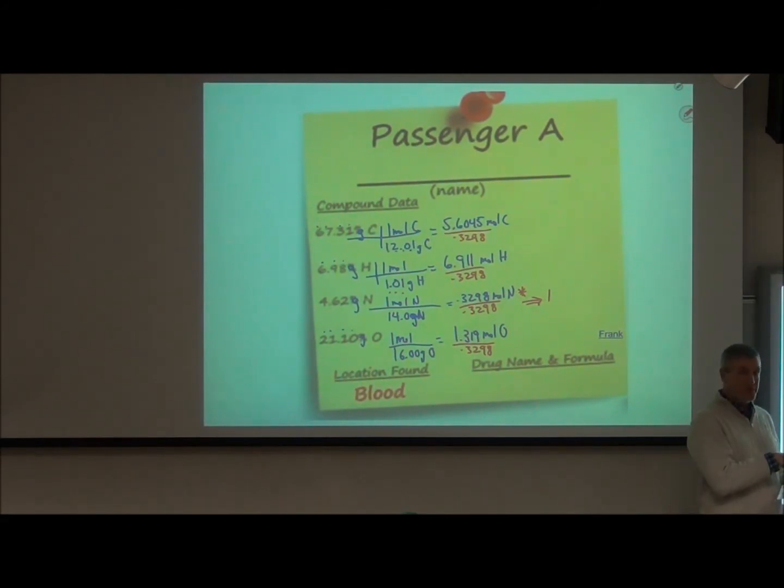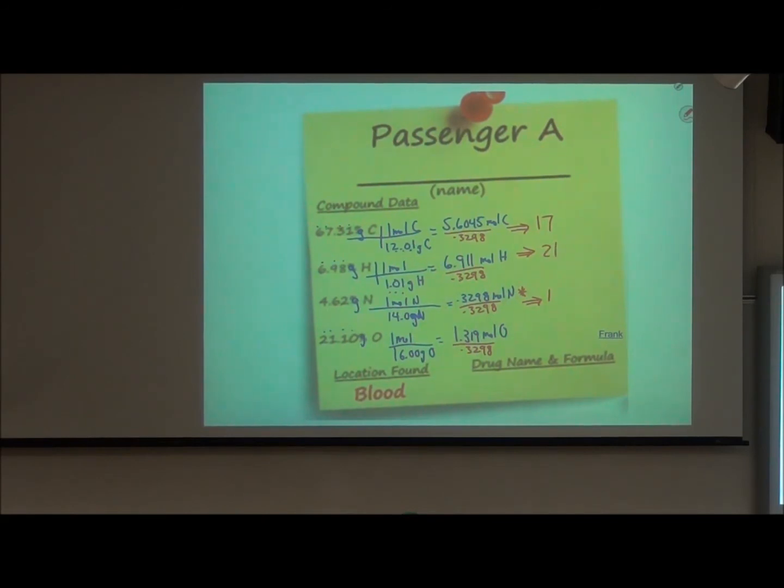I'm not exactly sure what your calculator gives you, and you're welcome to tell me, but when I did this one, it wasn't exactly 17, it was like 16.99 or something like that. So it's pretty much 17. Unless you're off by a tenth or more, you can assume that it's going to be that whole number.